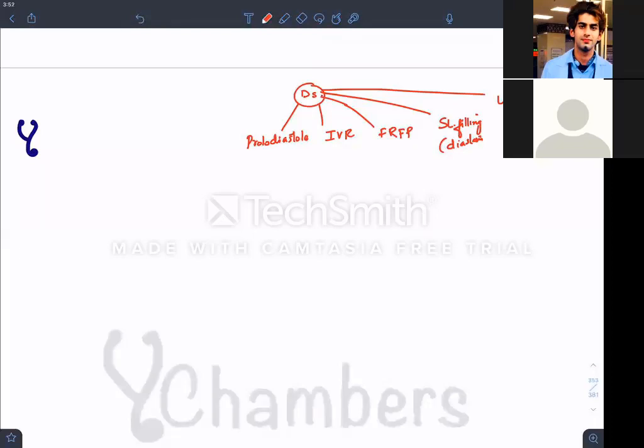Protodiastole is the period just before the closure of the semilunar valves. Think in your brain that something is closing, but it is just about to close, when the blood is moving out from the ventricle.